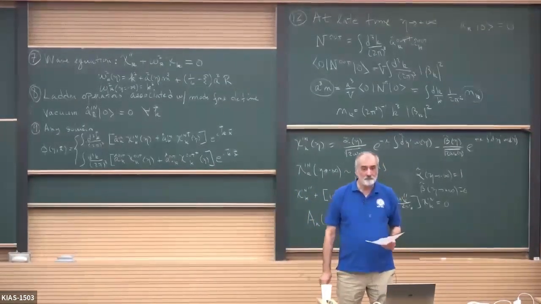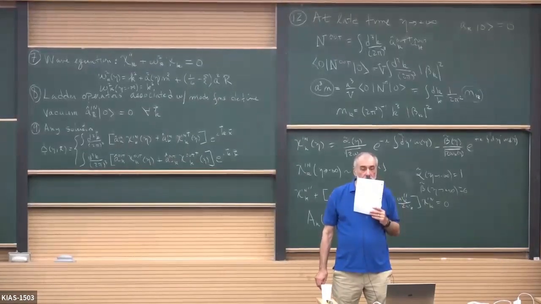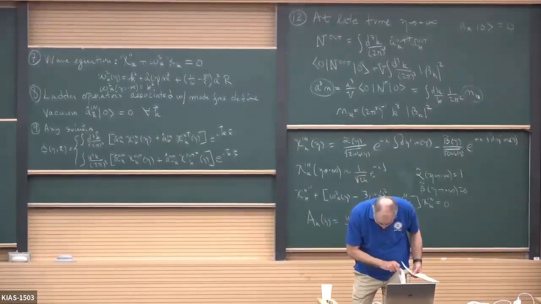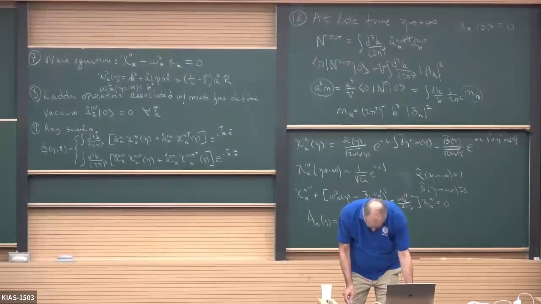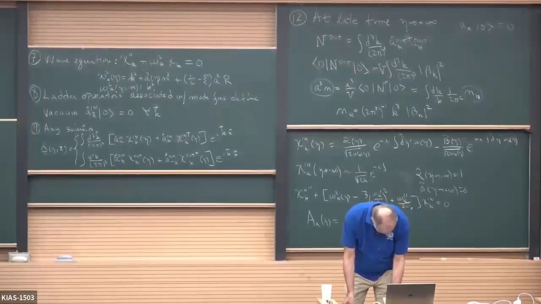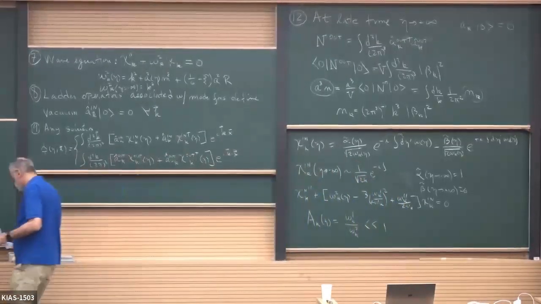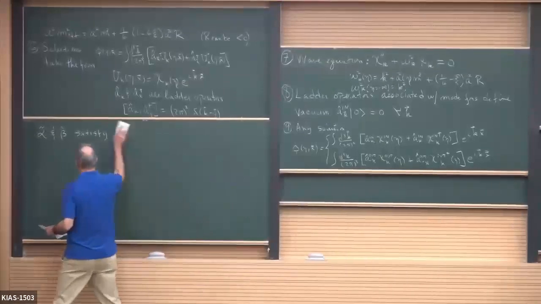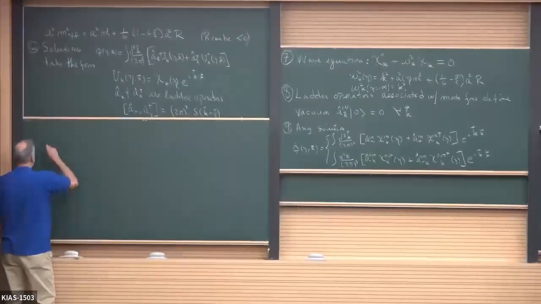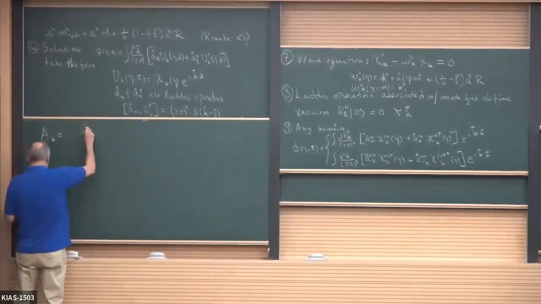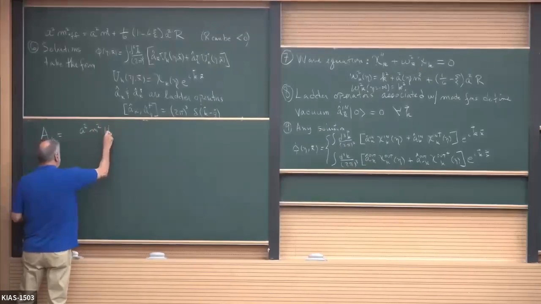So you mean the inflation period first? Well, let me write down explicitly what A sub k is. So for the scalar field model, A sub k is a squared m squared times h.